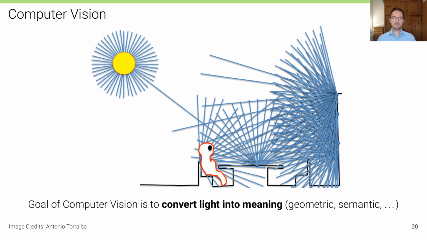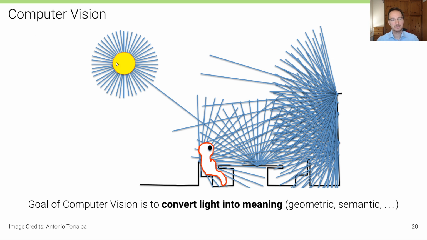Now, computer vision can be very generally described, as illustrated here by this picture from Antonio Torralba, as converting light into meaning. And that meaning could be geometry, reconstructing the scene in terms of geometry, or in terms of semantics, identifying certain aspects that we see. But really, what computer vision receives as an input is just a very specific sampling of the light pattern.